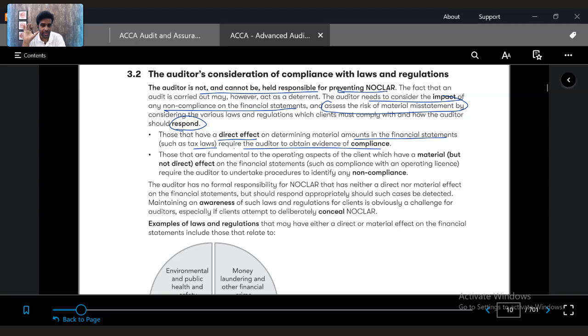So anything that has a direct effect, like the taxation rules and the Companies Act rules, the auditor needs to obtain direct evidence of compliance.